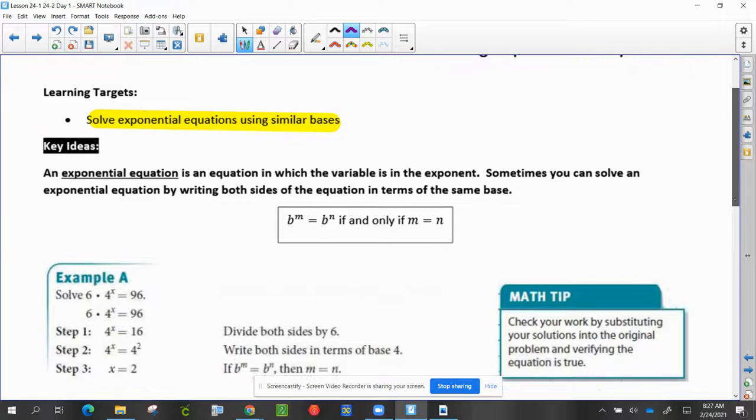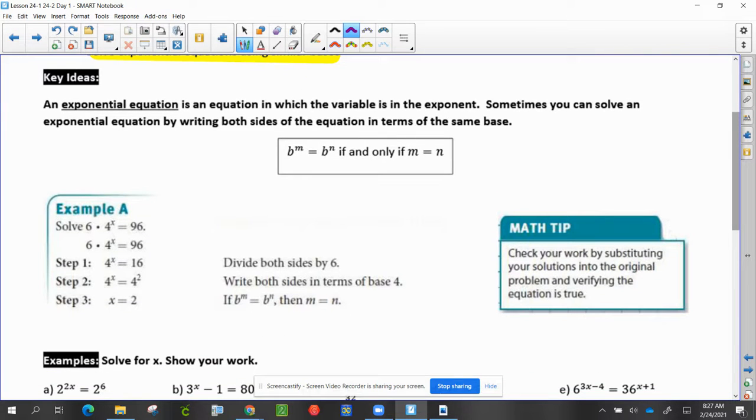An exponential equation is an equation in which the variable is in the exponent spot. So looking at the example here that I stole from your book, 4 to the x power, your variable is in the exponent spot. Sometimes you can solve an exponential equation by writing both sides of the equation using the same base. So this is base 4 to the x power.